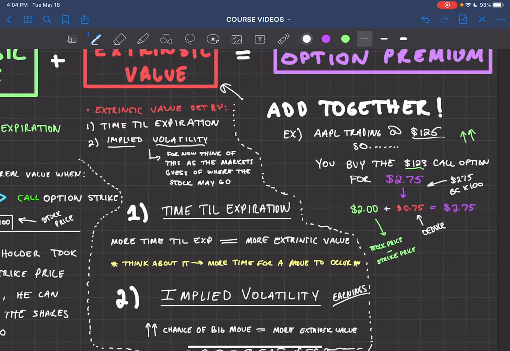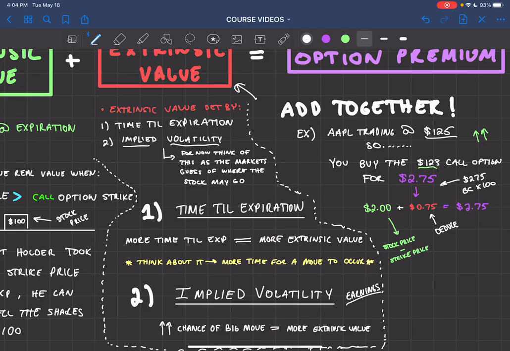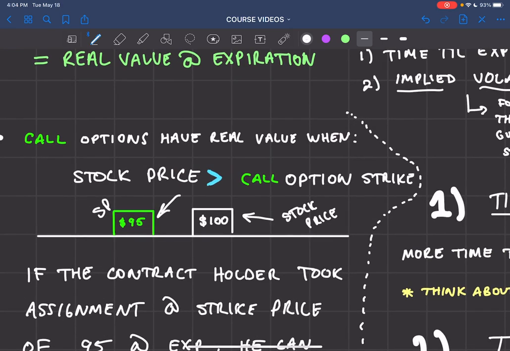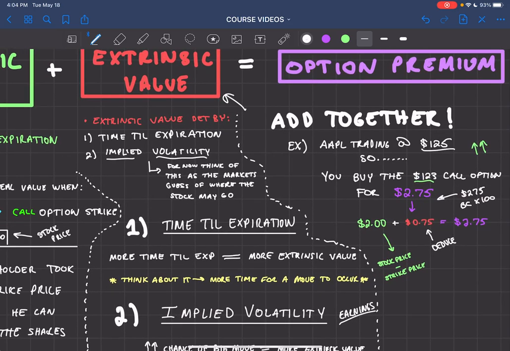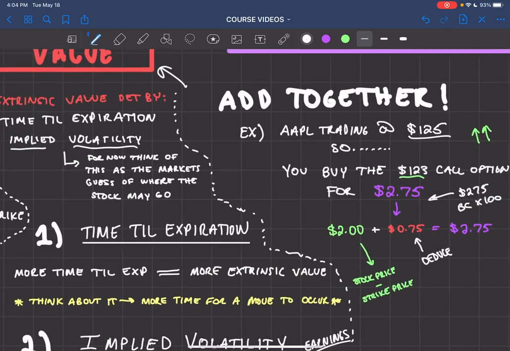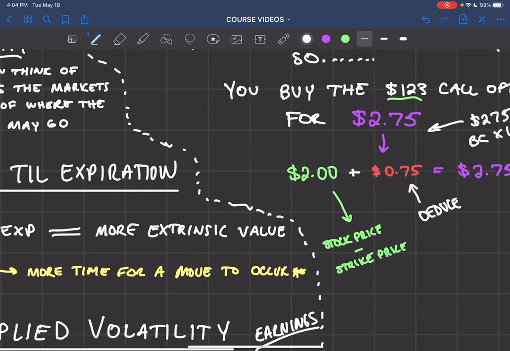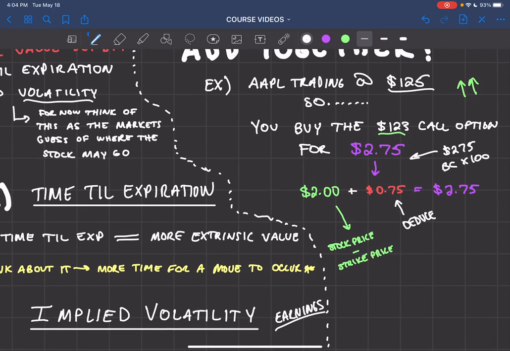So think about this. Apple's at 125, you buy the 123 call. Already the strike that you chose is below the stock price right now, so it already has intrinsic value.